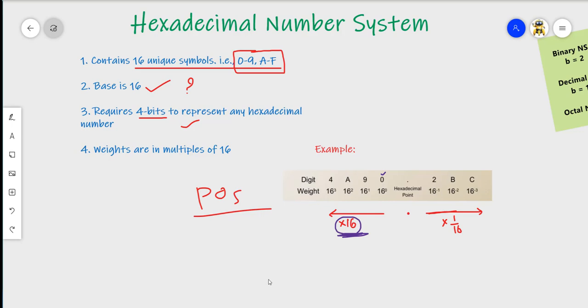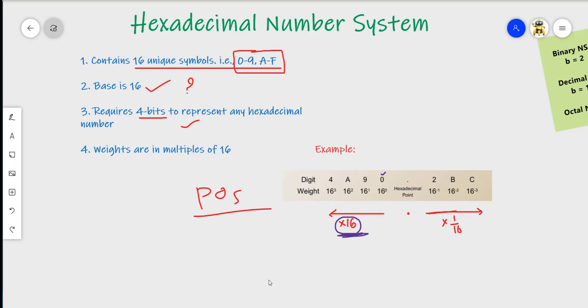I want you to practice as much as you can, because unless you practice, you cannot understand what exactly the positional notation rule is.